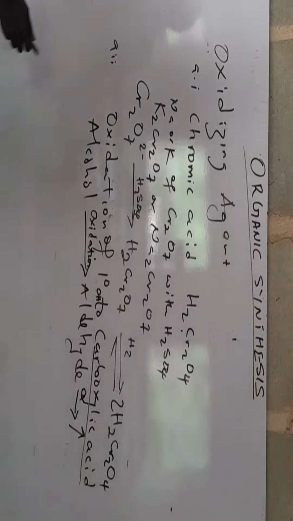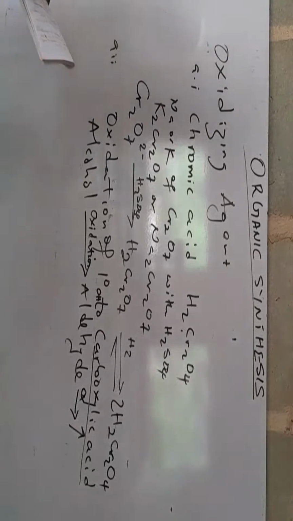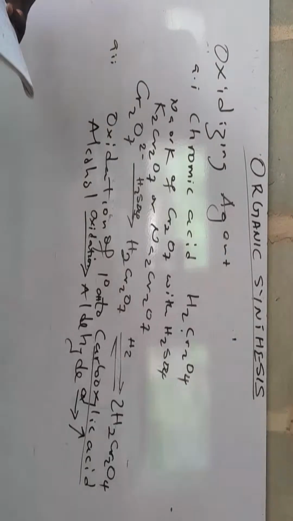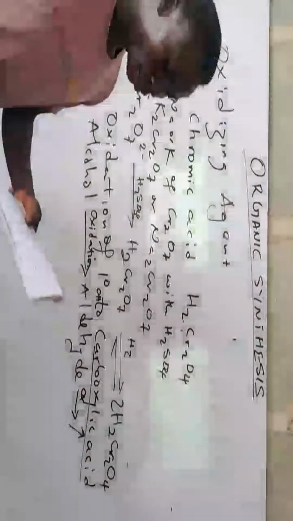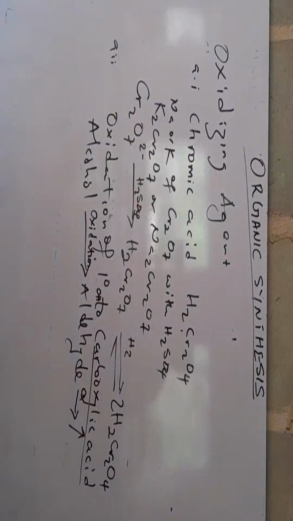Now, I'm done with that. The second one that I have there, which is number 2, pyridinium chlorochromate, which is PCC. Yes, pyridinium chlorochromate, which is PCC. Now, this PCC is the next oxidizing agent that we want to check right now. How is it being used?